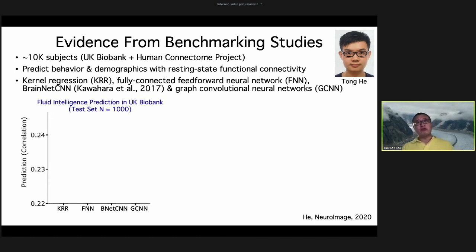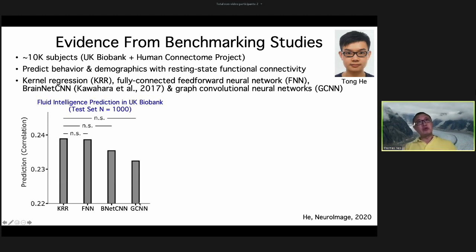Here's the result for predicting fluid intelligence in the UK Biobank. The y-axis is prediction accuracy measured using Pearson's correlation. The x-axis shows kernel ridge regression, KRR, fully connected neural network, FNN, BrainNetCNN, BNetCNN, and graph convolutional neural network, GCNN.